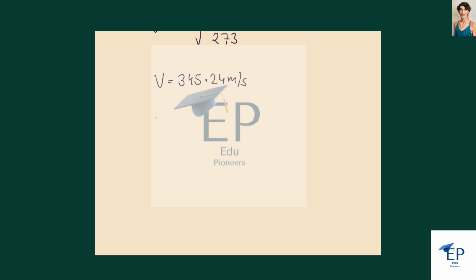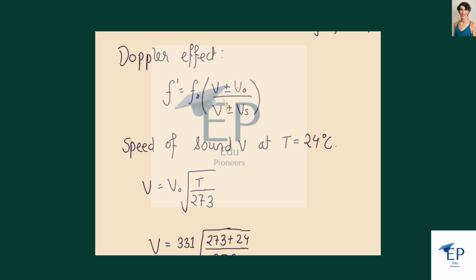Now let us recall our equation. F prime is equal to f naught. Now this vo is 0, because it is mentioned that it is a stationary detector. So the detector is stationary, the observer is stationary, so this is 0. Then vs we need to find out.